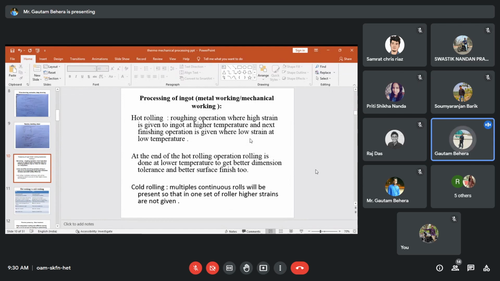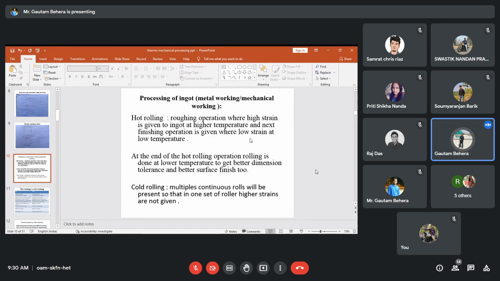It will not be cold rolling, because the difference between hot and cold rolling is on the basis of recrystallization temperature. If you are mechanically processing the material above the recrystallization temperature, it is hot rolling. But if you are processing the alloy below its recrystallization temperature, then it is cold rolling. So basically, these mechanical working processes are classified on the basis of melting point.